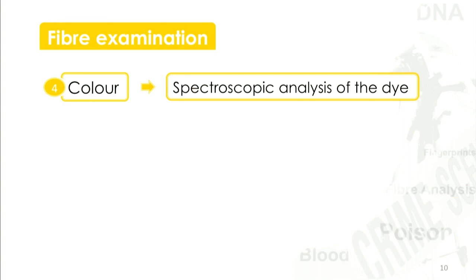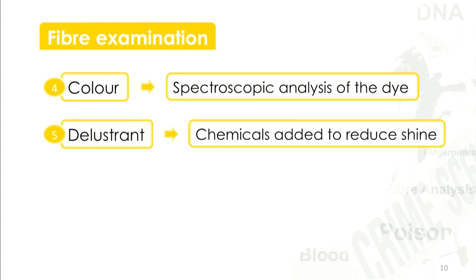The manufacturers also add other chemicals to the fibers to make them attractive for use in clothing. For instance, one kind of chemical that's added are called delustrants, and these are to make the fibers less shiny. So again, we can use chemical spectroscopic methods to identify the delustrant.